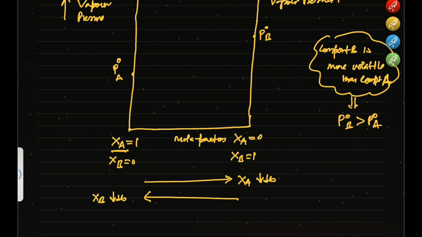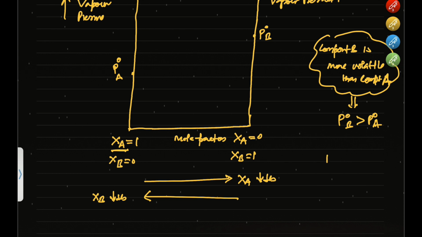From Raoult's law, we know that the partial vapor pressure is directly proportional to the mole fraction of the component. Where the mole fraction of component A is highest, the vapor pressure is highest. As the mole fraction of component A decreases from right to left, the vapor pressure decreases like this.